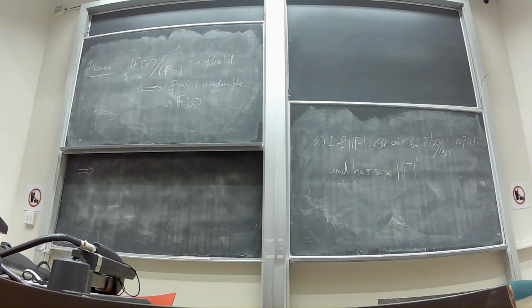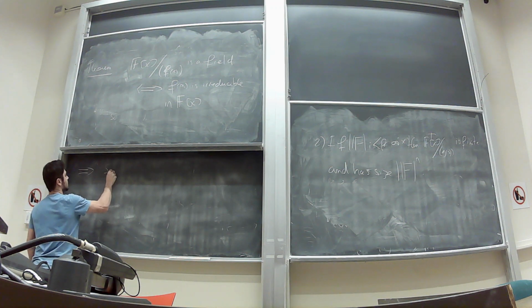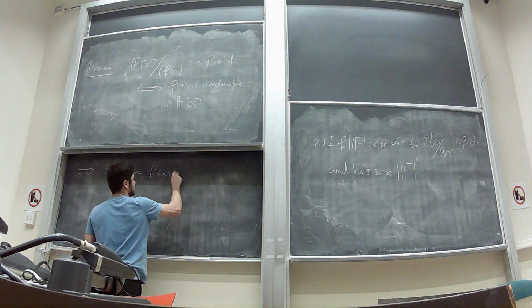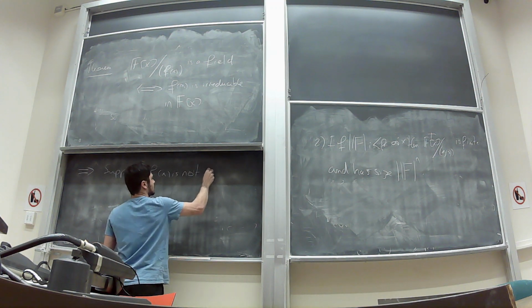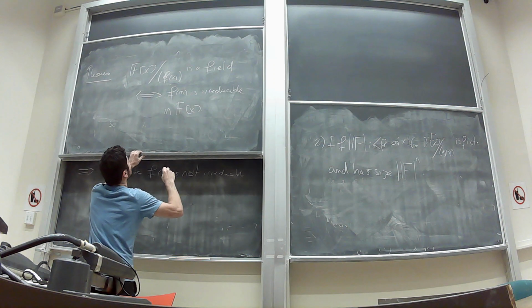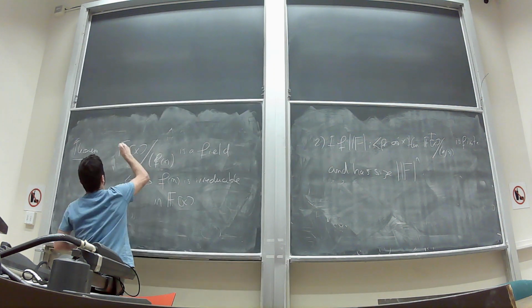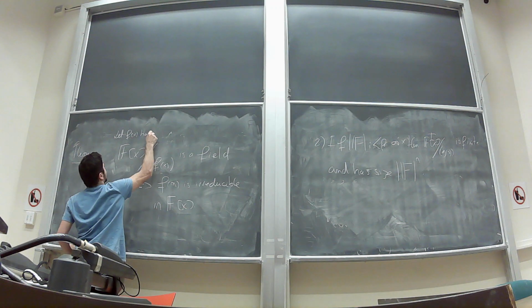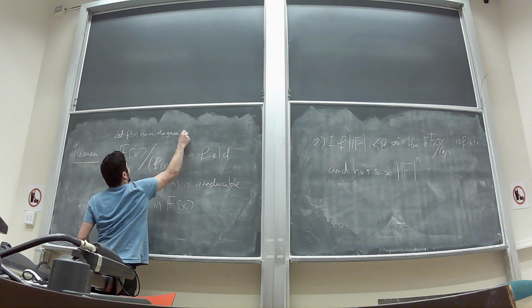What I will do is argue by contrapositive. Suppose f of x is not irreducible. Here, of course, f of x has degree equal.